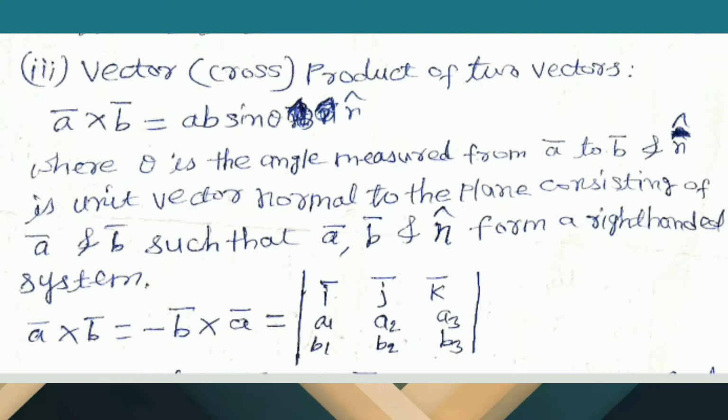In general, a bar cross b bar is not equal to b bar cross a bar.